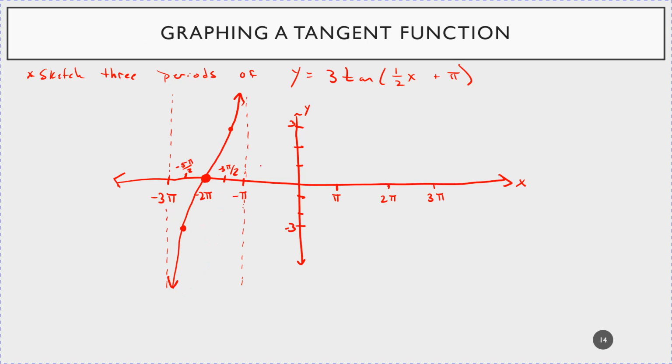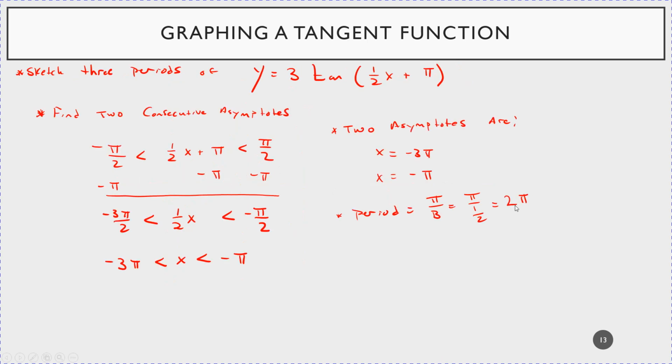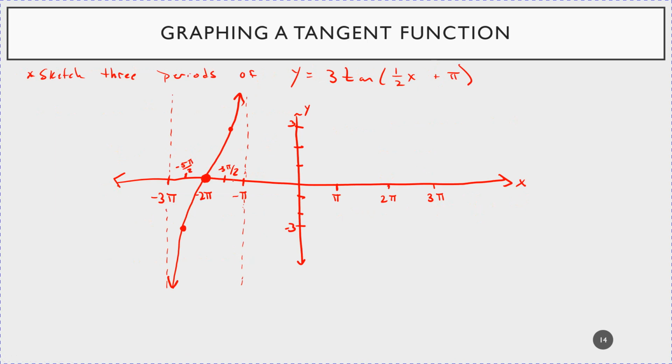So look, boom. That's my first iteration. So I want to do 3 periods. The period is going to repeat itself every 2 pi. So that means there's going to be a vertical asymptote every 2 pi. So 1 pi and then another pi, and then another 2 pi, excuse me. You can see here, the midpoint is going to be at 0.